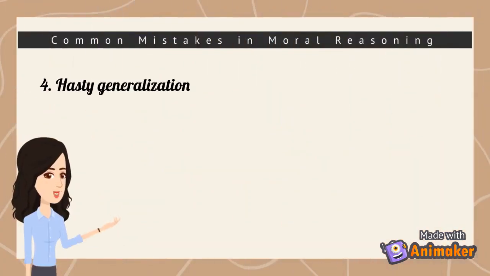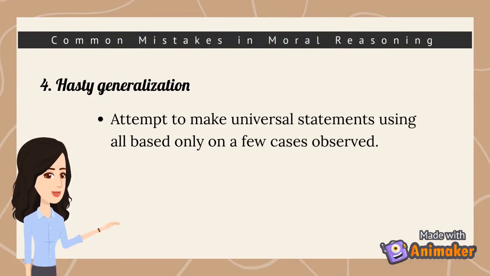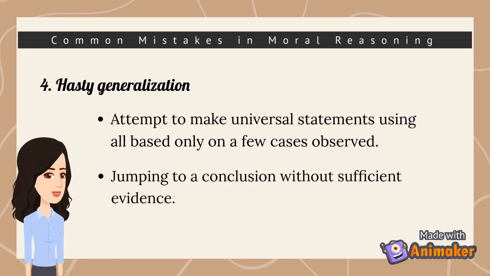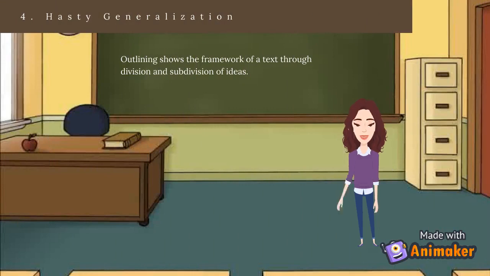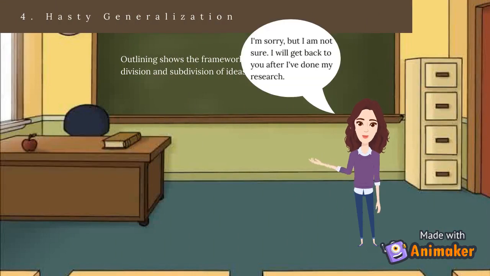Fourth is hasty generalization. It attempts to make a universal statement using "all" based only on a few cases observed. It jumps to a conclusion without sufficient evidence. For example, you have a class in English and one of your classmates raised a question. "Miss, what is the Filipino term for outlining?" "I am sorry, but I'm not sure. I will get back to you after I've done my research."